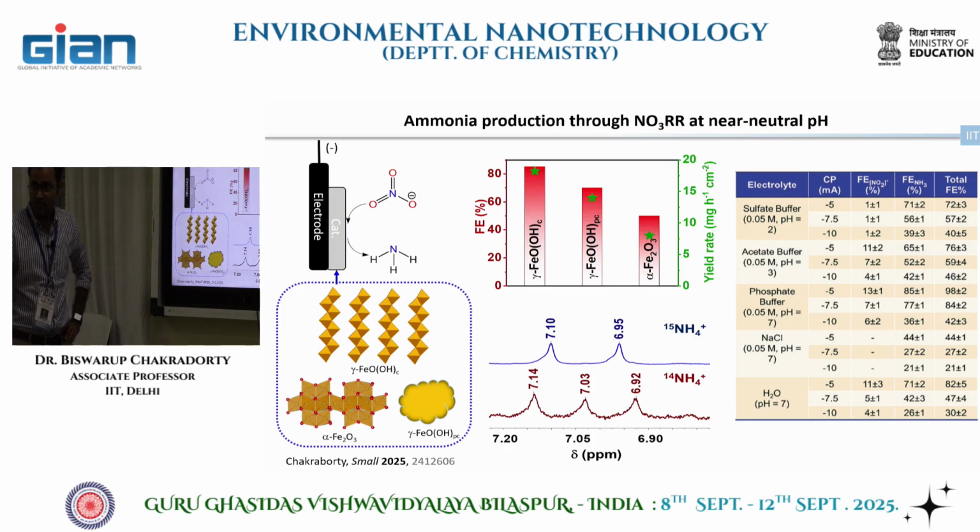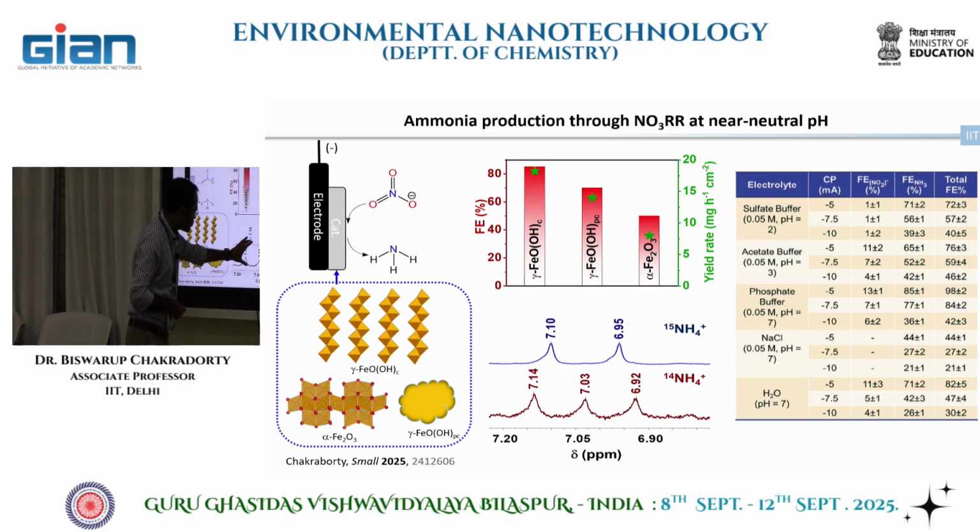And also, once you are doing this kind of thing, you must prove that the ammonia you are getting in the process is actually coming from nitrate, because you have nitrogen in the environment that can also be present in your electrolyte. So what we did, we replaced normal nitrate with labeled nitrate. Labeled nitrate means we have taken 15 isotope containing potassium nitrate as the electrolyte, and we did proton NMR.